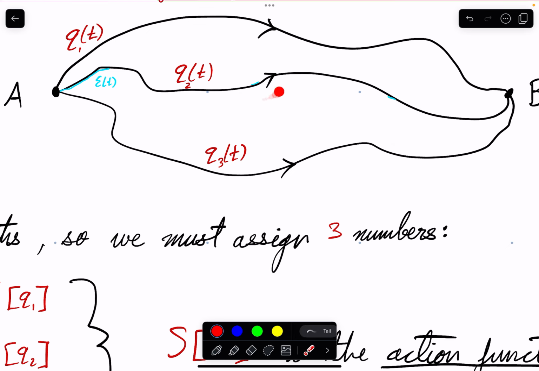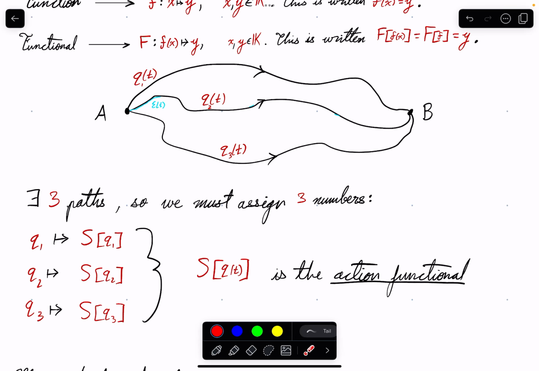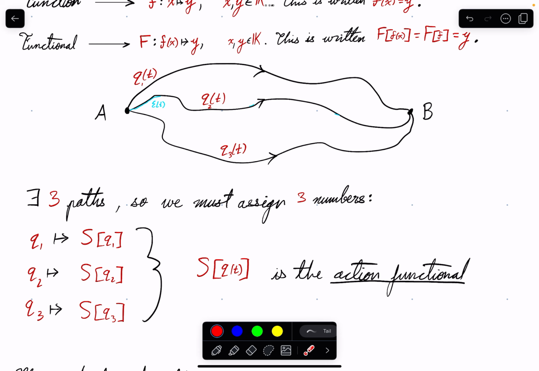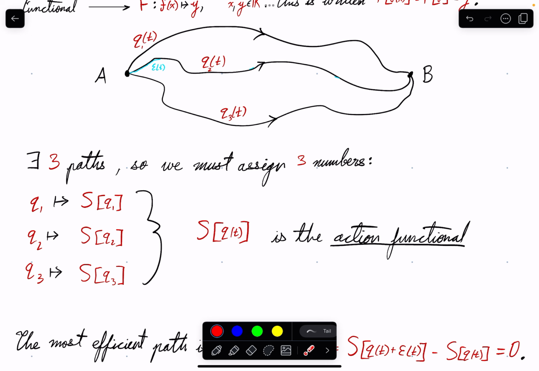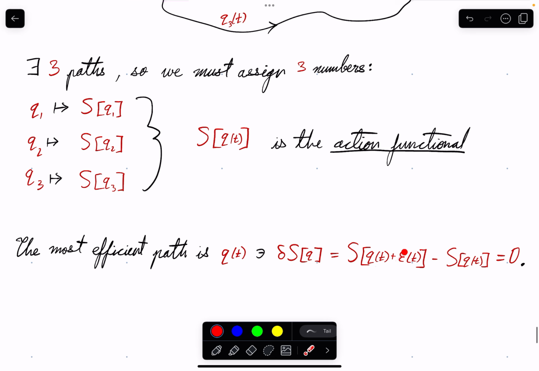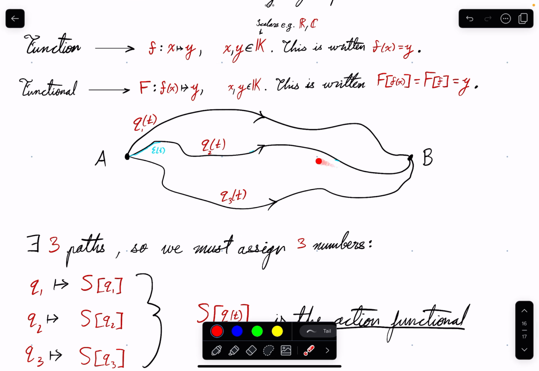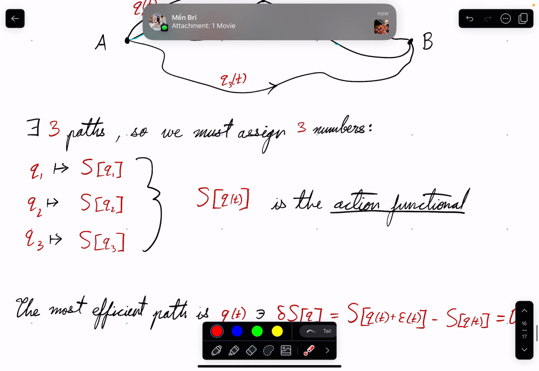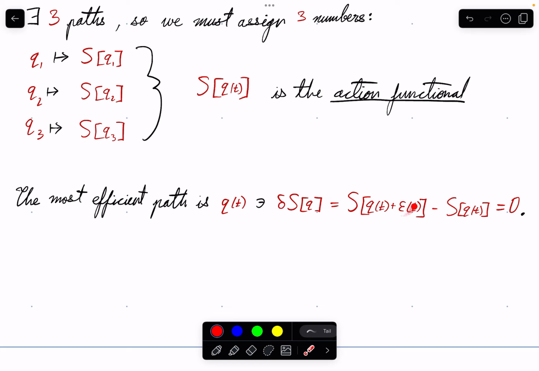Then if I consider the functional of this path, it gives me the same functional as just the path by itself, which tells me that trying to deviate away from it is not going to work because it's not going to change anything. So deviating a little bit doesn't change anything. And that's what this means.